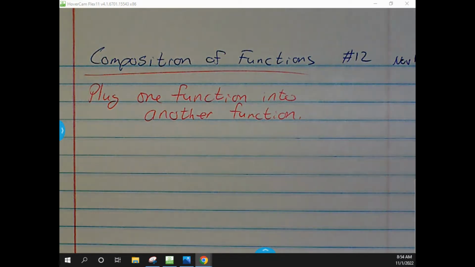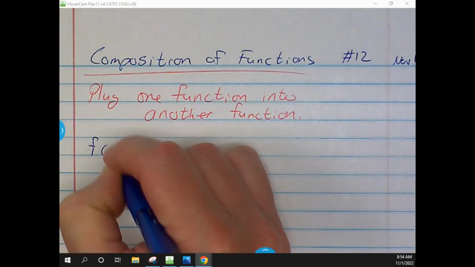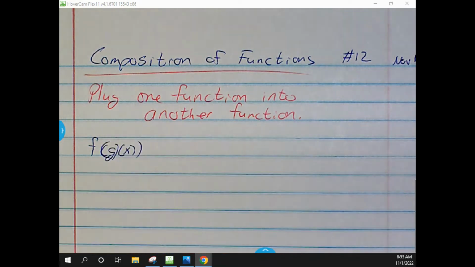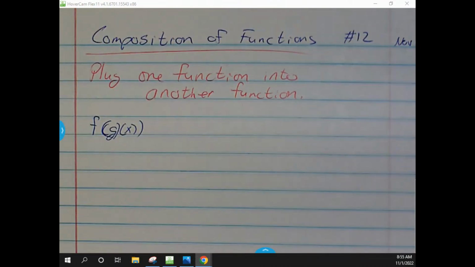It's taking one function and plugging it into another function, and it's going to be written a couple of different ways. It could be written like that, where you've got g of x on the inside of parentheses with f first.